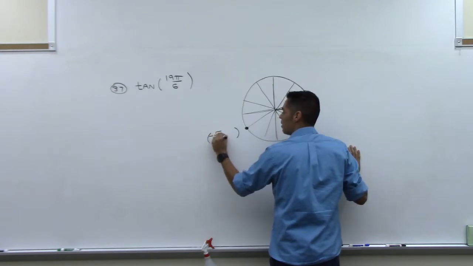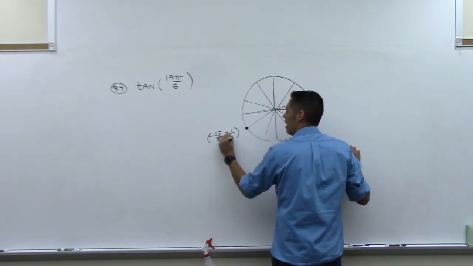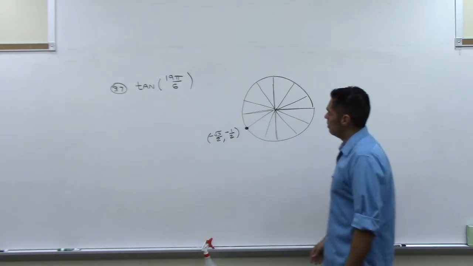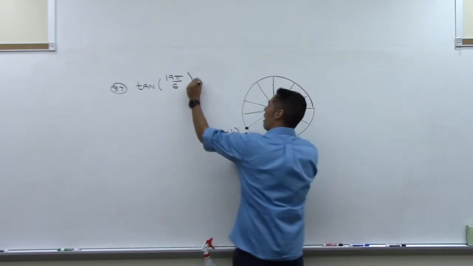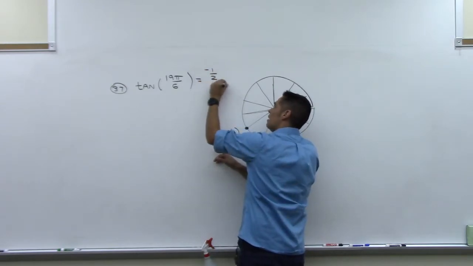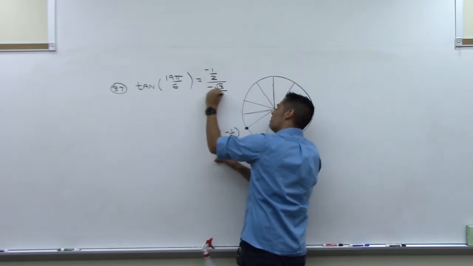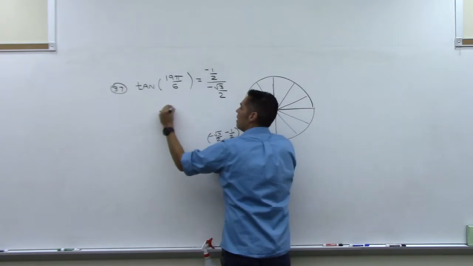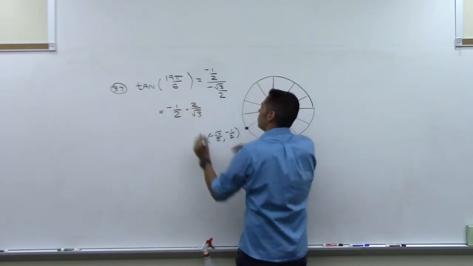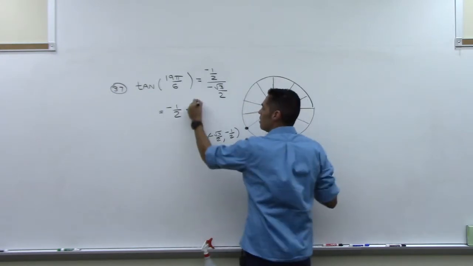That's negative root 3 over 2, negative 1/2. Those are the x and y coordinates. I want to take the y coordinate and divide it by the x because it's tangent. So I take negative 1/2 and divide it by negative root 3 over 2. This is the same as negative 1/2 times 2 over root 3, just multiplying by the reciprocal. The 2's cancel.